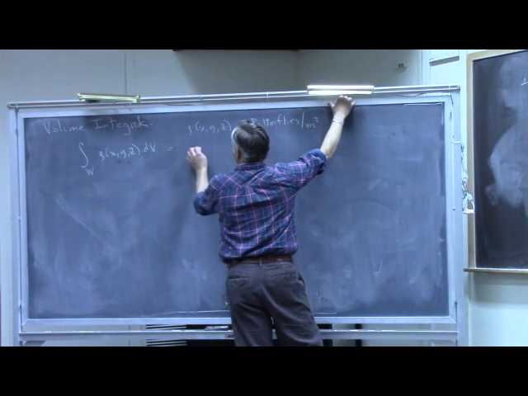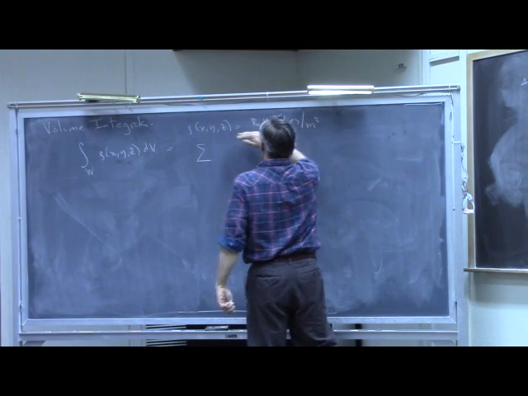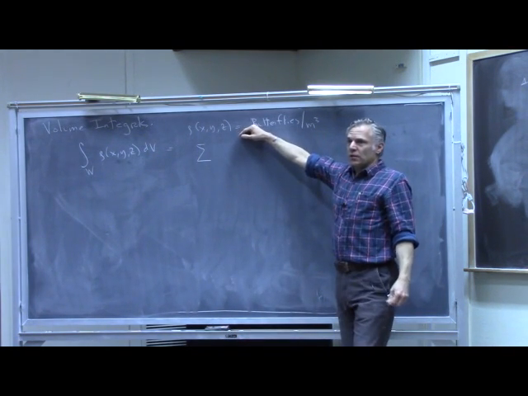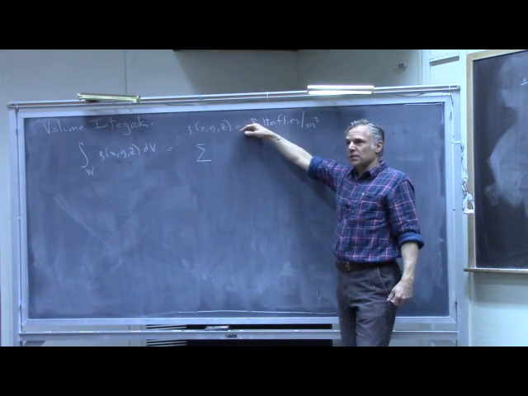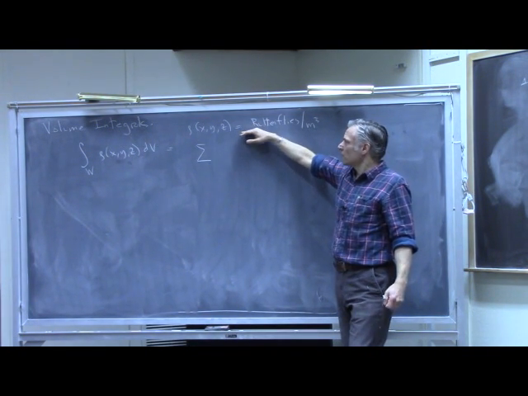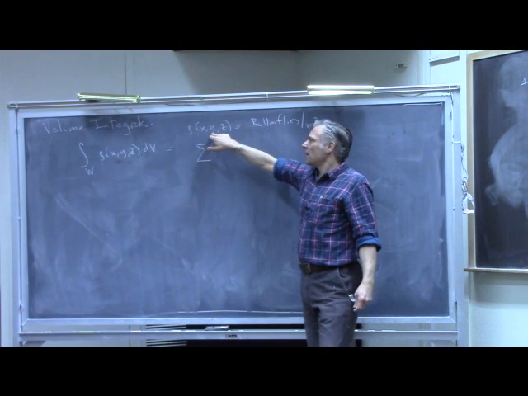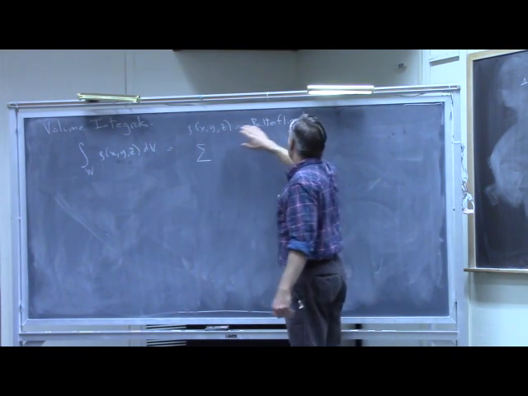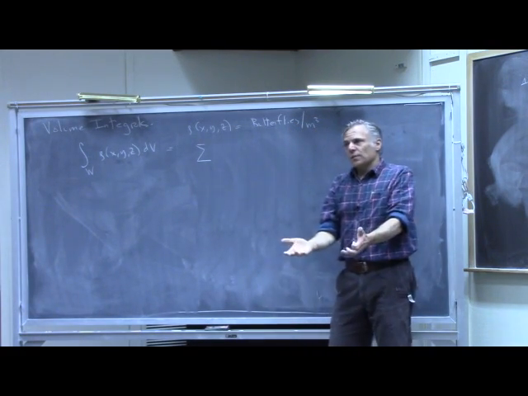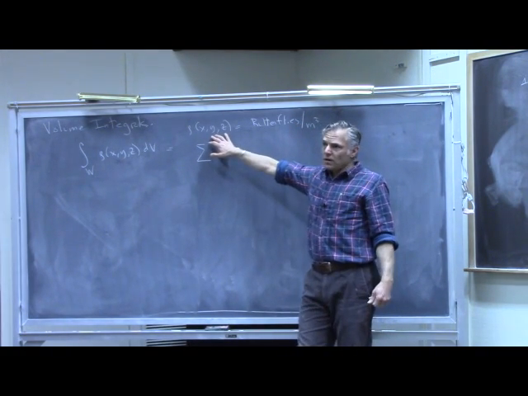So where would this come from? Well, suppose you want to know the total number of butterflies in a room, and it turns out that butterflies are not uniformly distributed. Some places are more butterfly friendly than others. So this is not a constant function. It depends where you are.